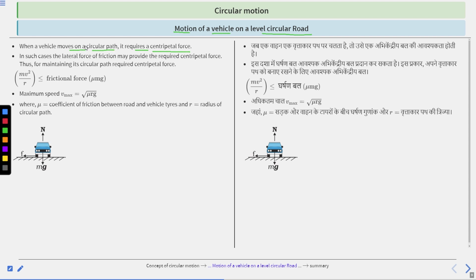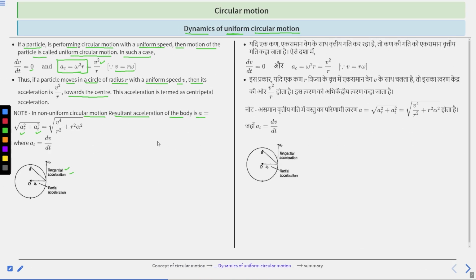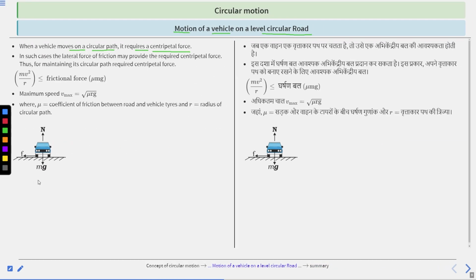When a car is moving on a circular path, like this, then it requires a centripetal force. In such cases, the lateral force of friction may provide the required centripetal force, like this. Here this is the friction. The weight of the car is mg, which acts vertically downward, and this is normal.